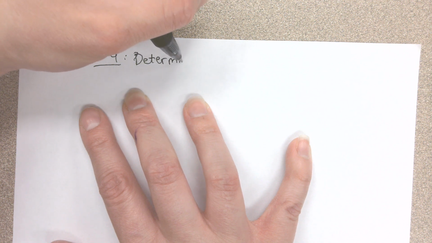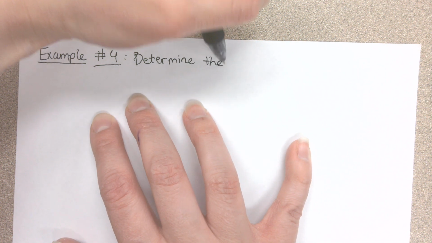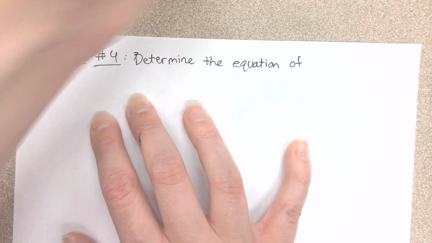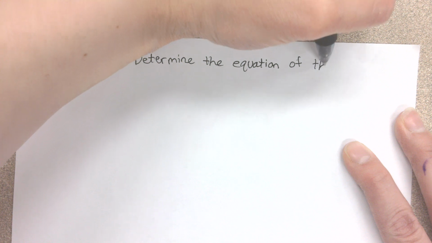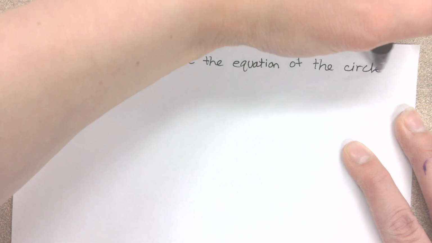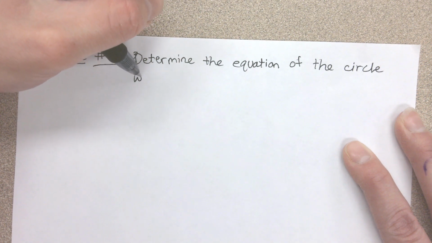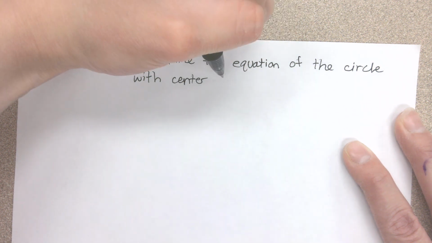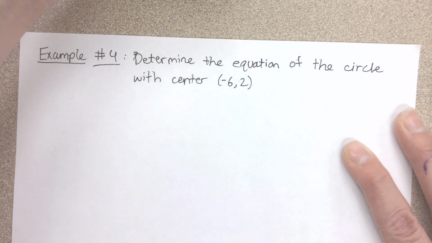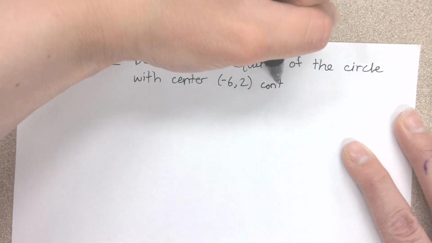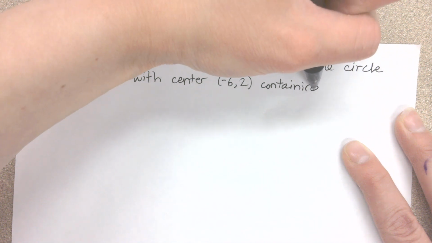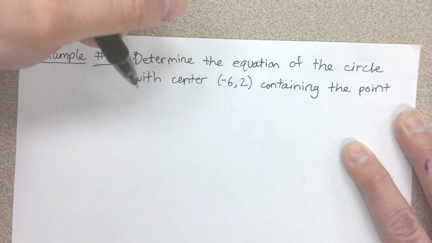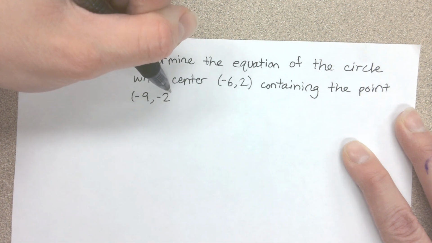Determine the equation of the circle with center -6, 2, containing the point -9, -2.